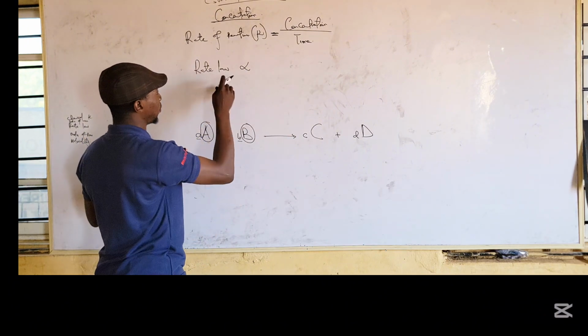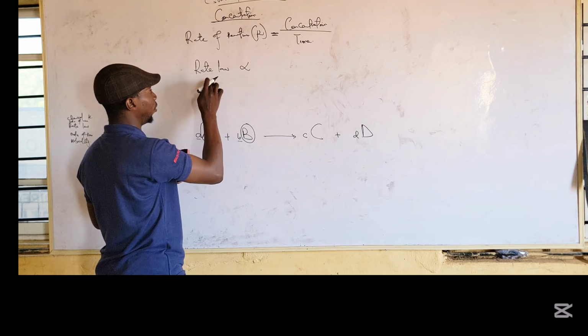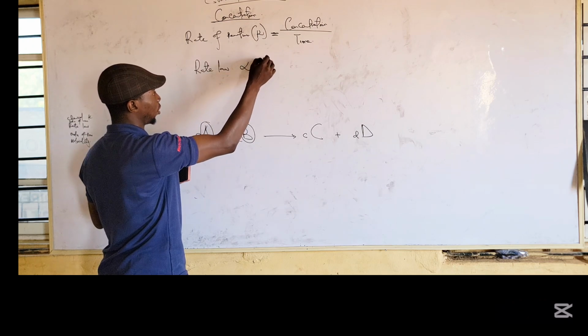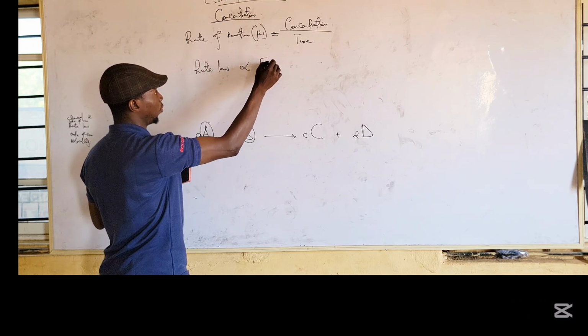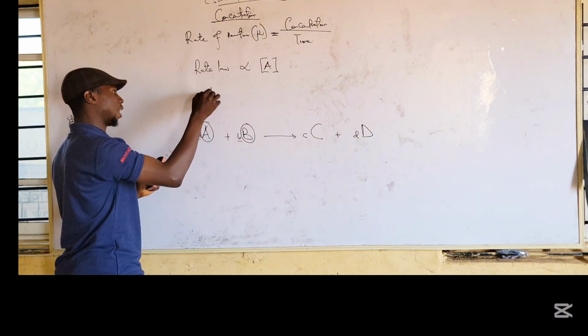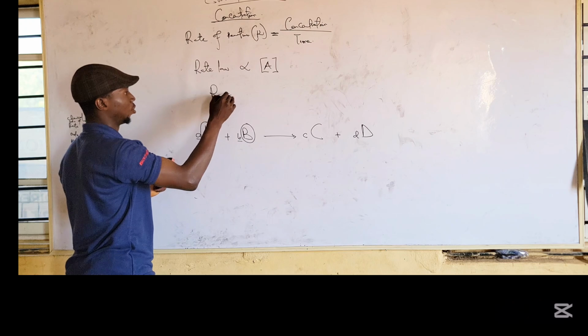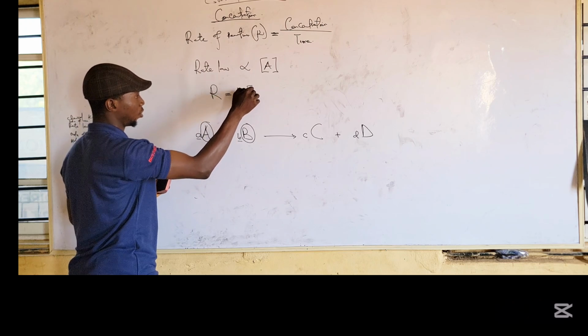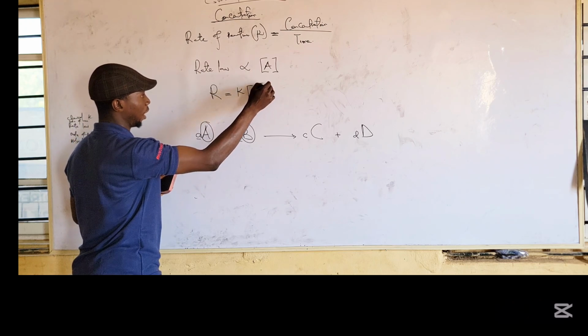It means R, or rate, is directly proportional to the concentration of A. And we can rewrite this as R is equal to k times the concentration of A raised to the power x.